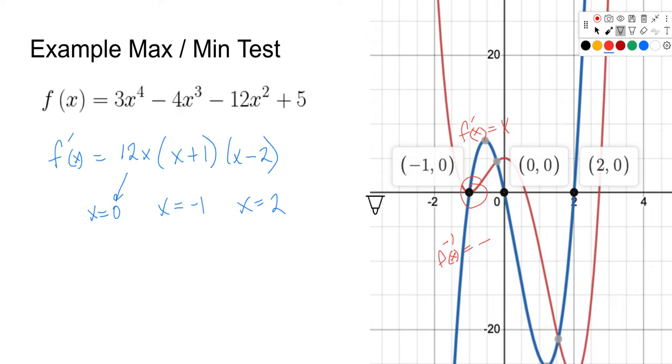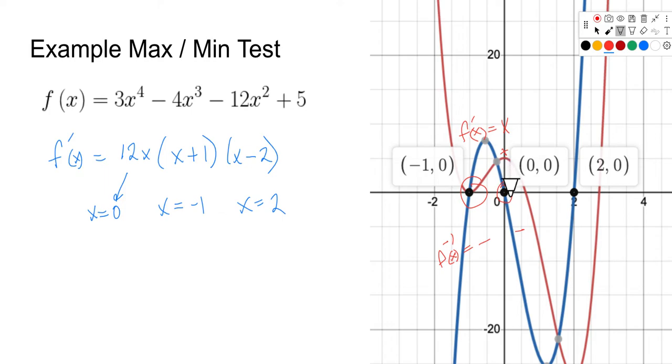Just take the activity of saying, okay, look at the derivative graph and say, okay, it's going from negative to positive, that's why I have this minimum. And then that happens all the way to here, so then at 0, I go from positive to negative, and we see at 0 what's happening.